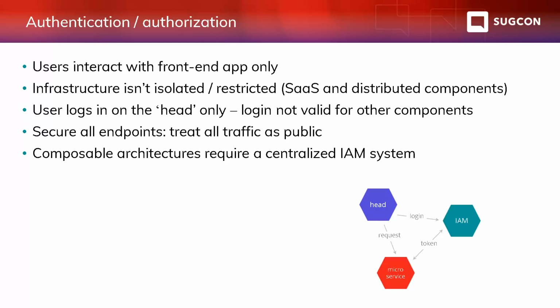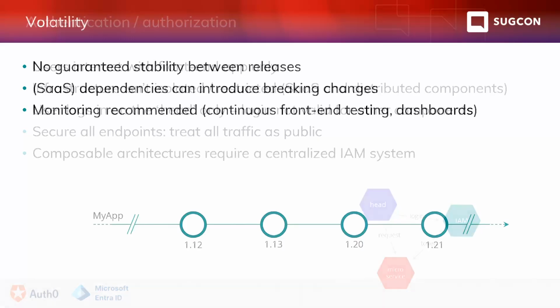So you have to secure all of your endpoints, and you want to have a centralized identity access management system. For example, Auth0 or Microsoft Entra are examples you can use for that. So be sure not to introduce microservices that you call directly from the front end that do not validate the login of your user.